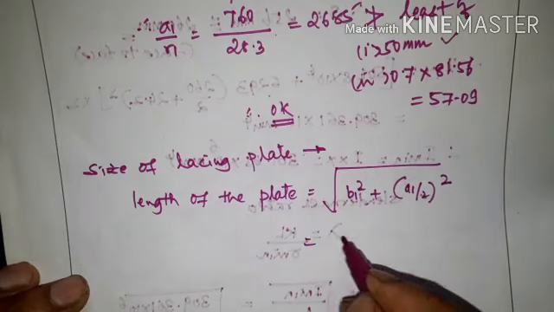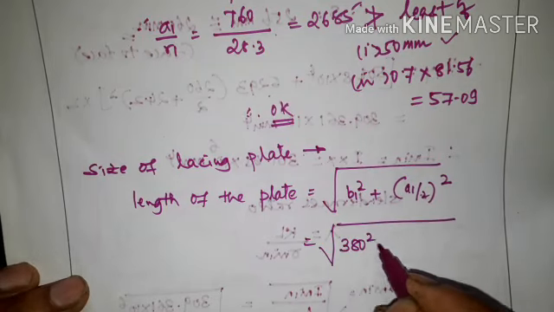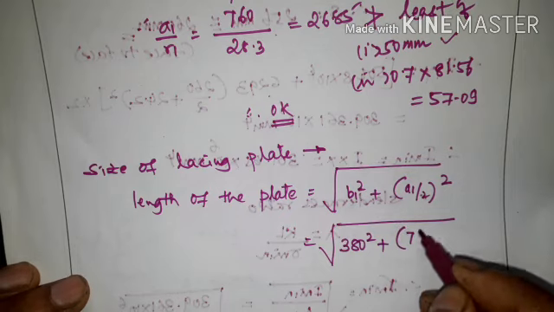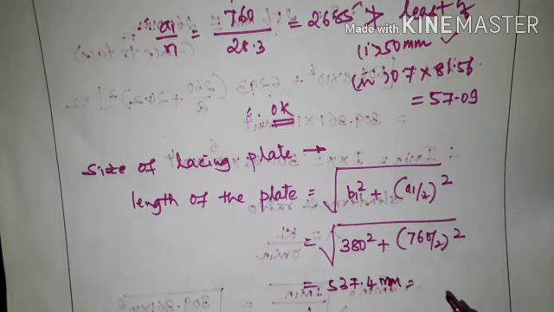So B1 is 380 plus (760 by 2) square, so that is 537.4 mm. So that is the length of the plate.